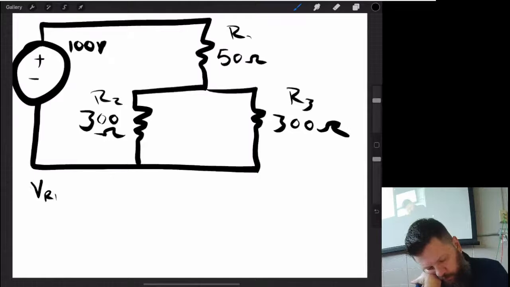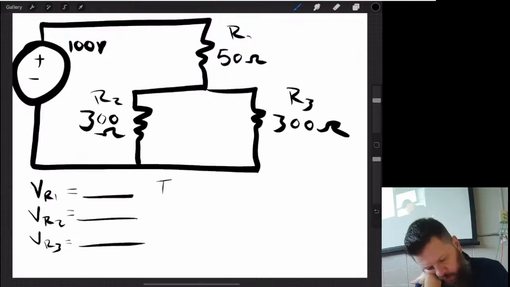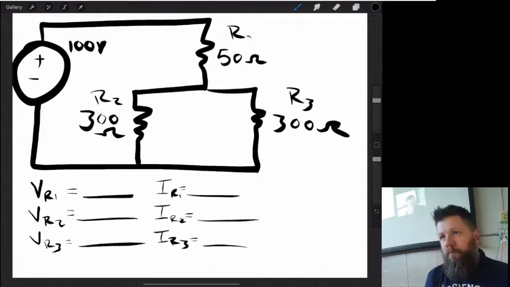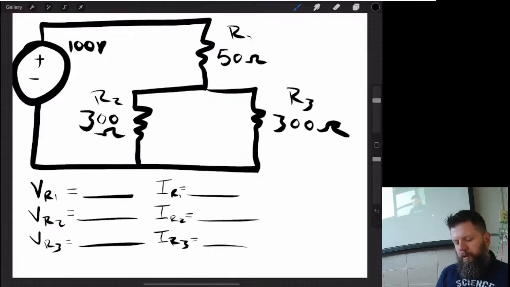All right, this is how we're going to start writing them. The voltage across R1, voltage across R2, voltage across R3. So the current through R1, current through R2, current through R3. Should be good for now.